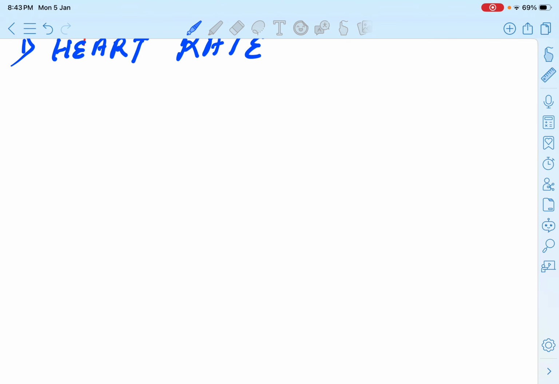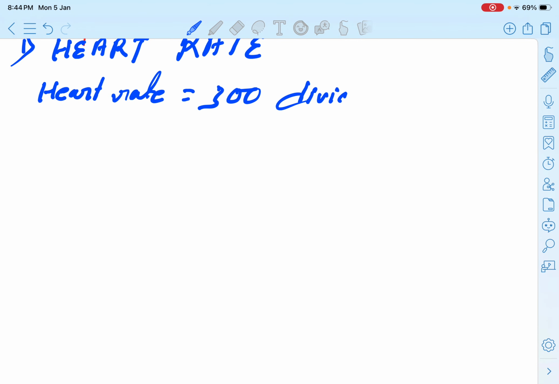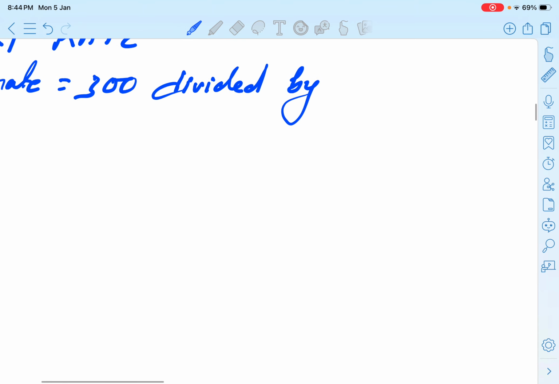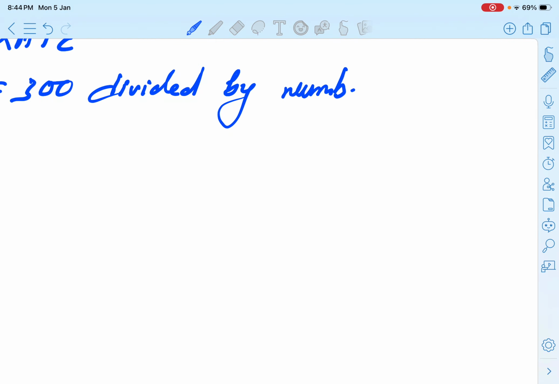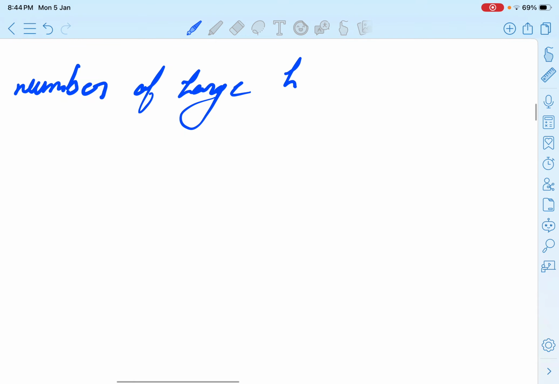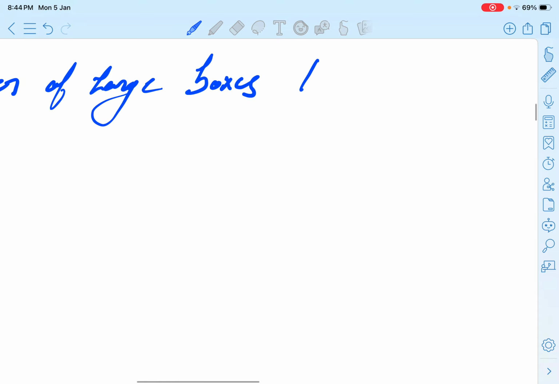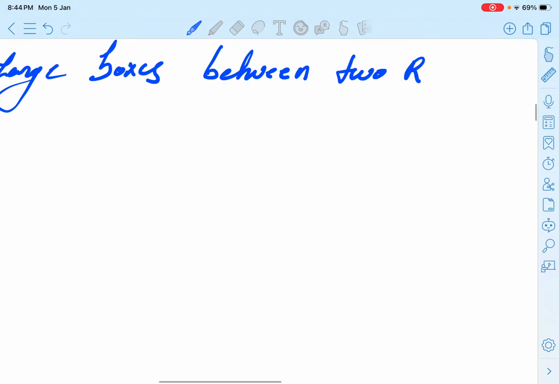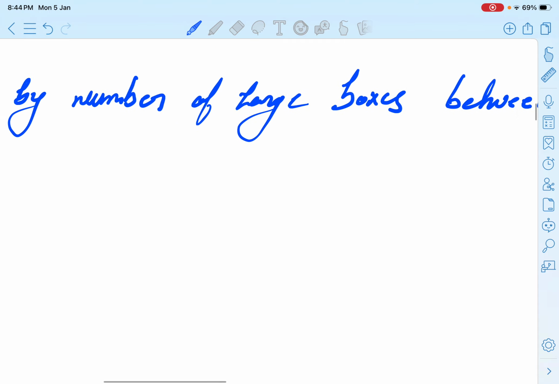Heart rate is equal to 300 divided by the number of large boxes between two R waves. Okay. I will write this.